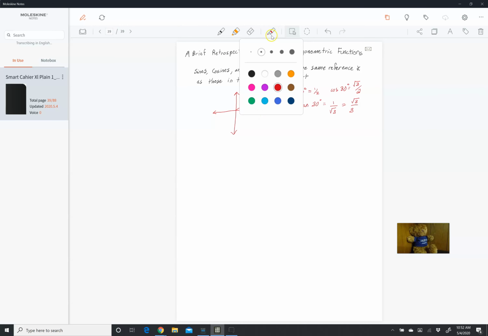Okay, now what does this mean? There are other angles that have a reference angle of 30 degrees. So for example, in quadrant 2, if this is 30, then the angle is 180 minus 30. This angle here is 150 degrees.